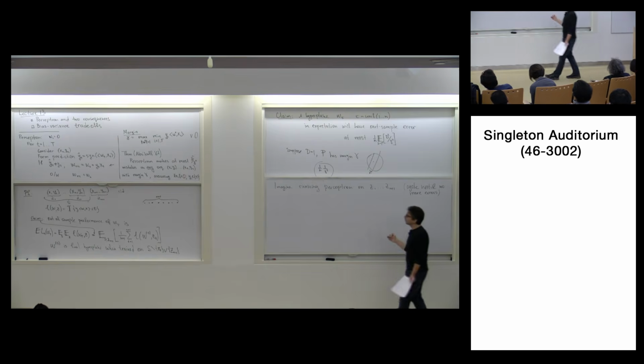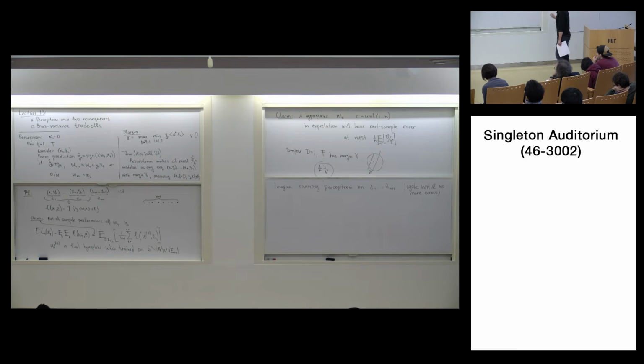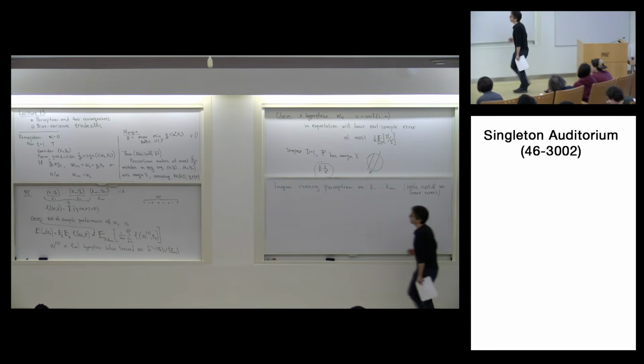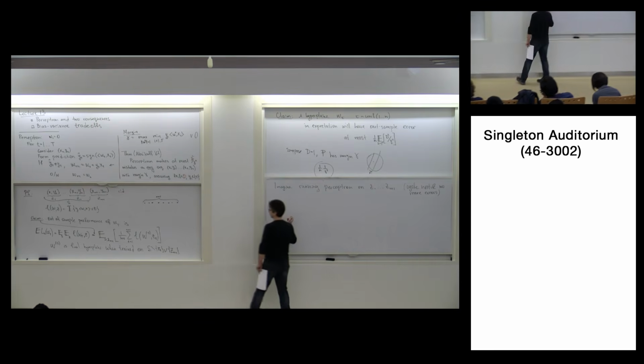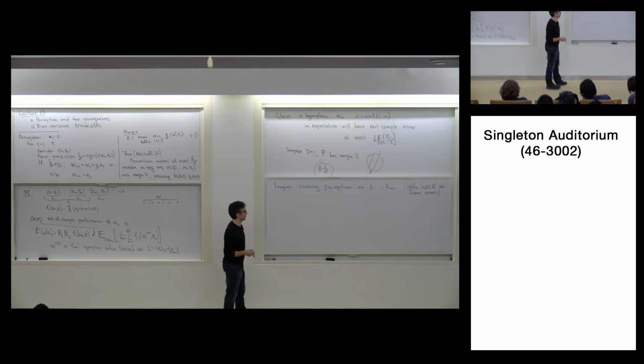Now, we know that the algorithm will make at most d squared over gamma squared corrections, right?